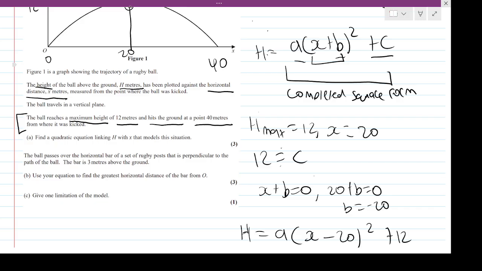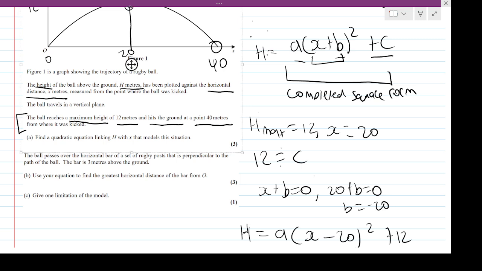So the other points are this point here and this point there. This point here corresponds to h is 0 when x is 0, because the graph tells us there's no vertical height when x is 0, as it's at the origin.